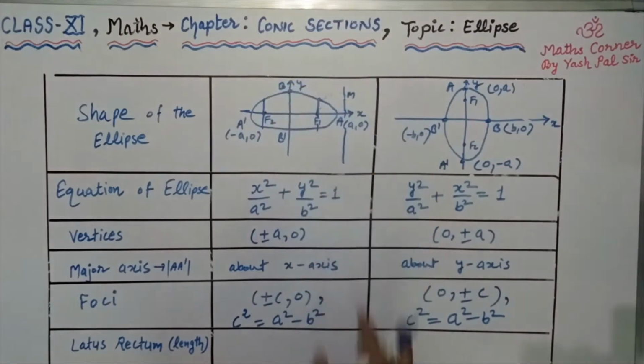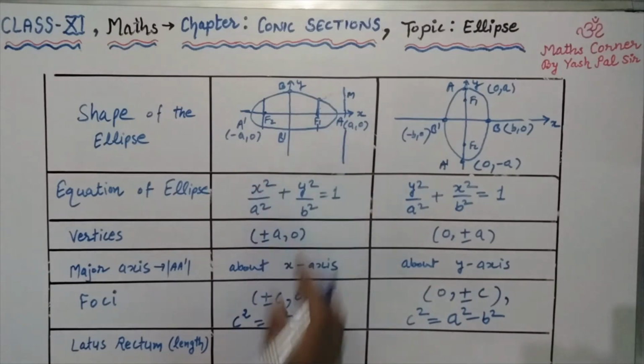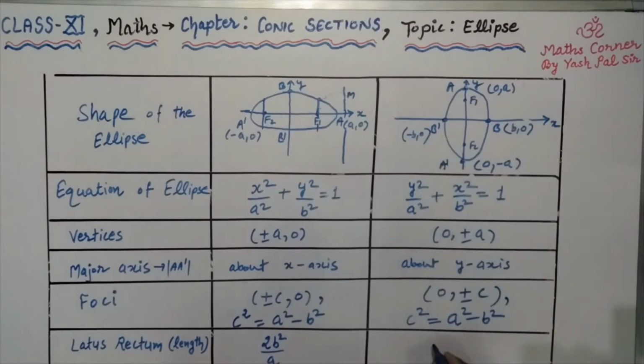There are two such lengths. The length of the latus rectum in the first case is 2b square upon a. In the second case also we have the same, 2b square upon a is the length of the latus rectum. So this is all about the ellipse.